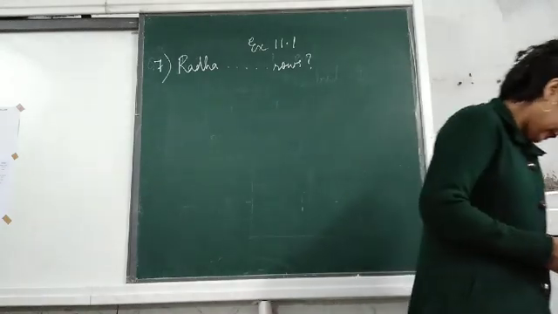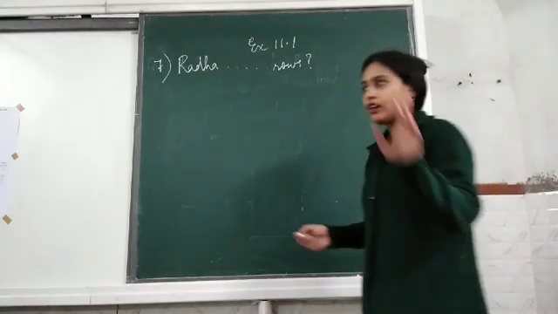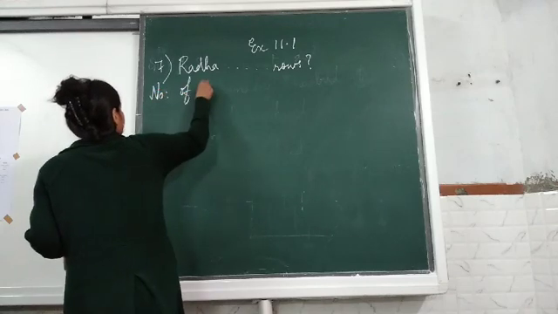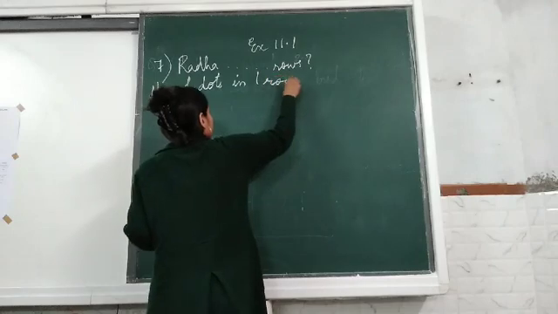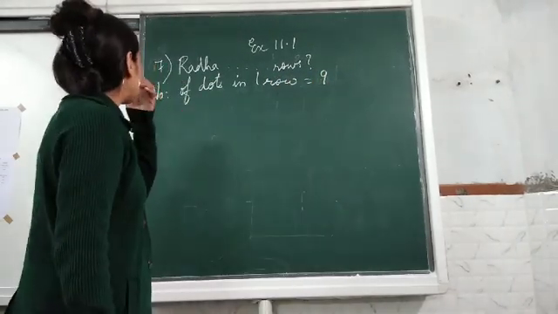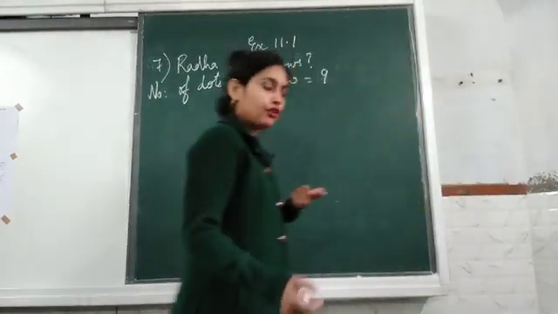So what is given in the question? Number of dots in 1 row: 9. Then what is asked? Number of dots in R rows is asked.